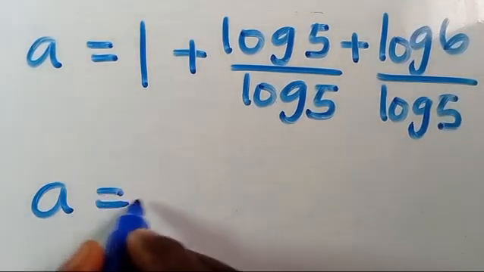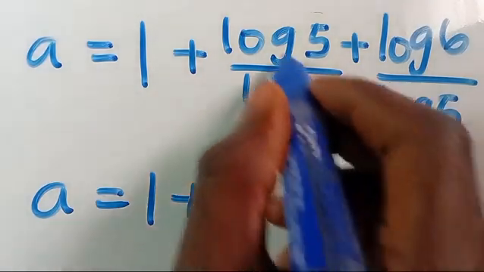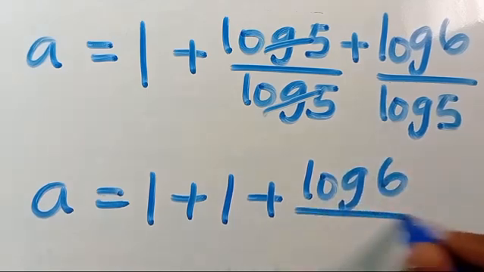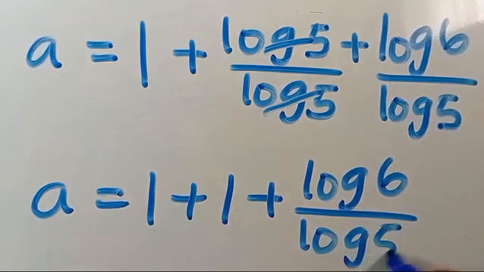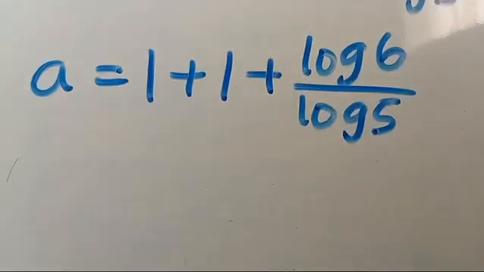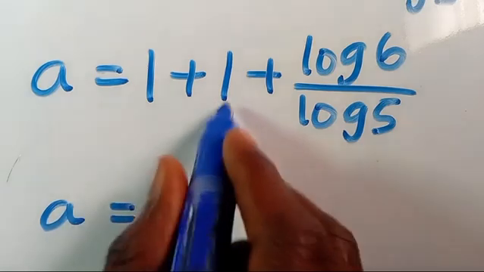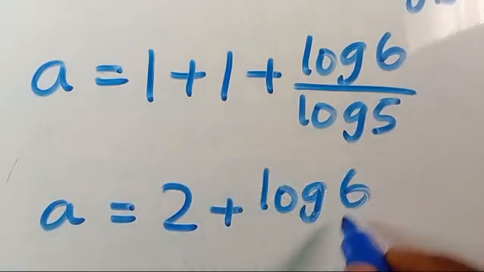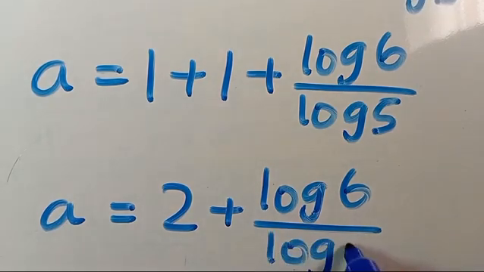So a equals 1 plus this divided by this will be 1 plus log 6 divided by log 5. So a will be equals 1 plus 1 will give us 2 plus log 6 divided by log 5.